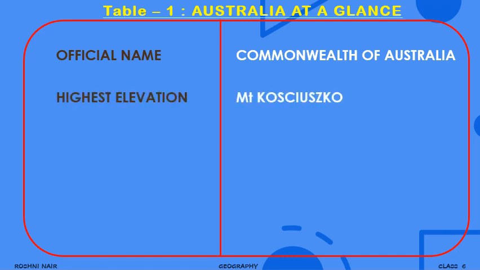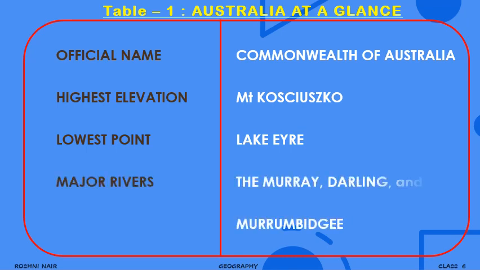The highest elevation in Australia is Mount Kosciuszko, and the lowest point is Lake Eyre. The major rivers of Australia are River Murray, River Darling, and River Murrumbidgee.